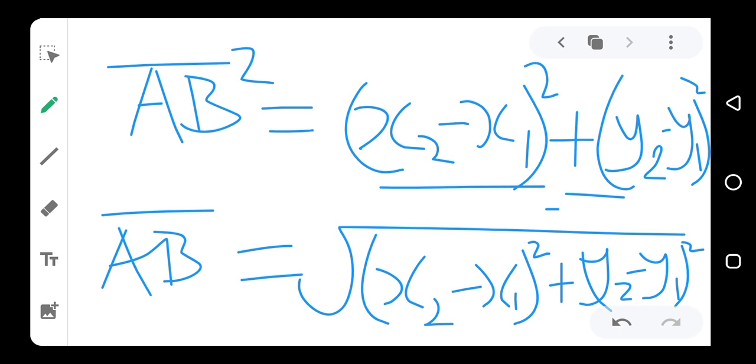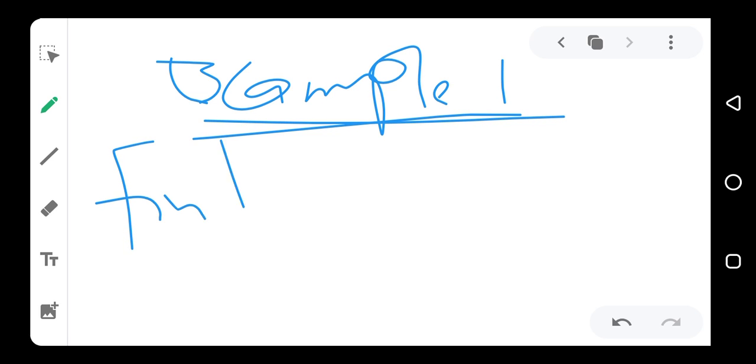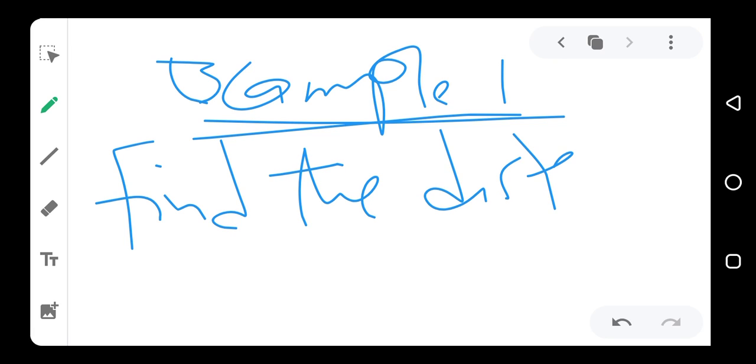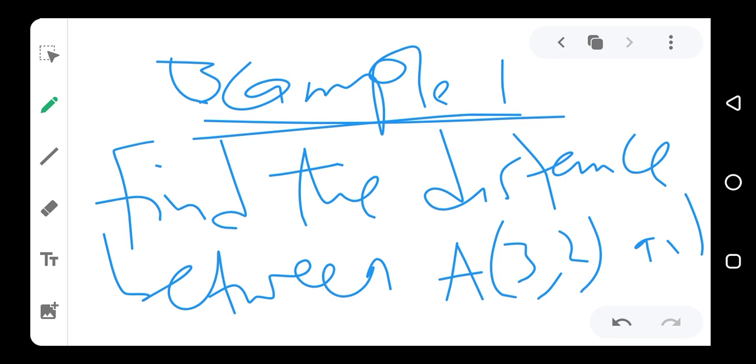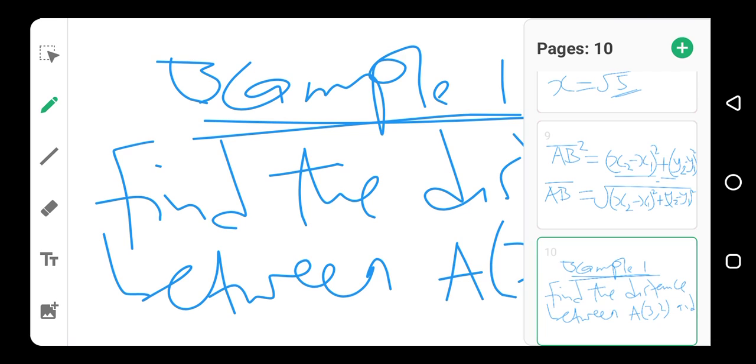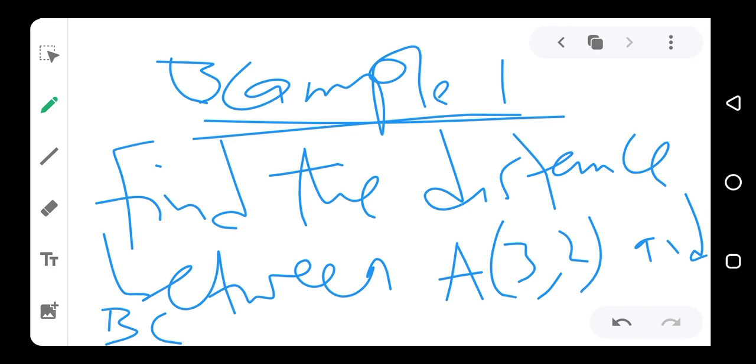Let's look at some examples. You can be asked to find the distance between point A, which is 3,2, and point B, which is 4,6.